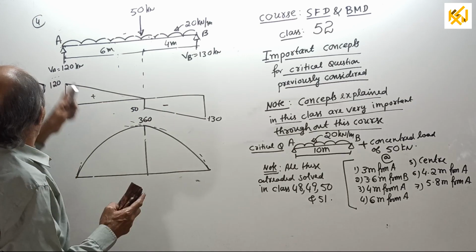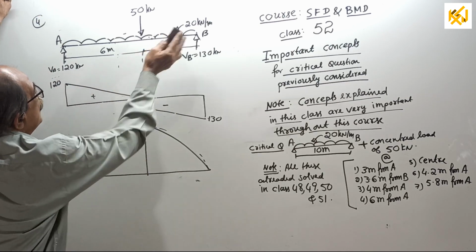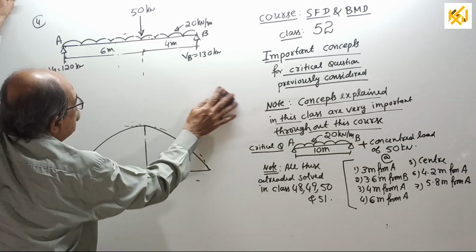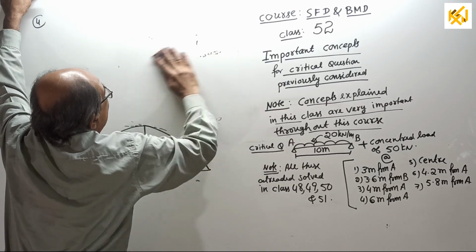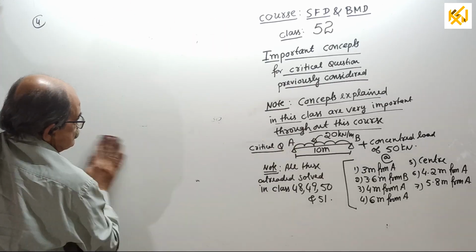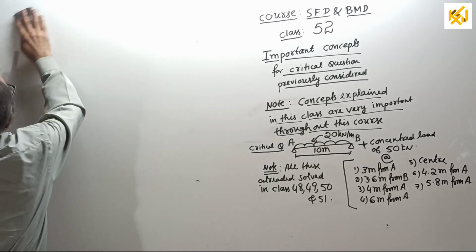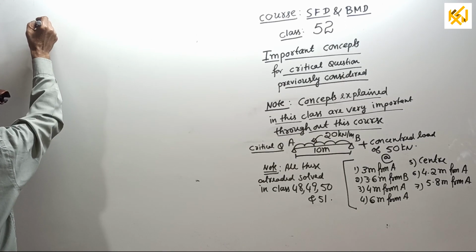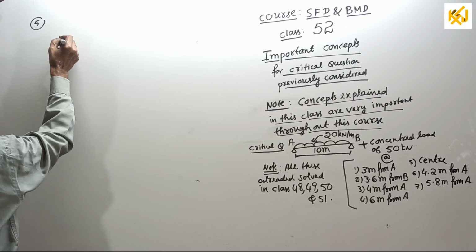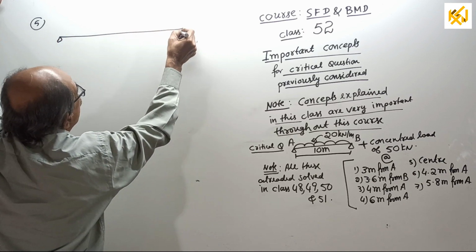Okay. Now, 4 over 5. I think I will remove this one because too many marks are there. Once again I will write. 5 is, I remember, a central load.